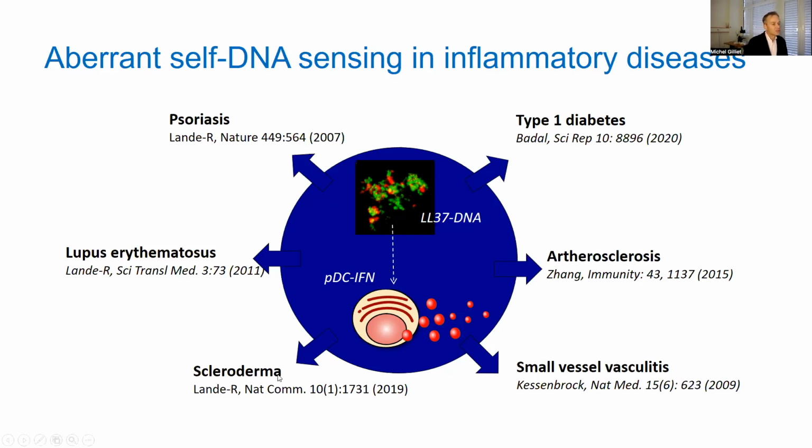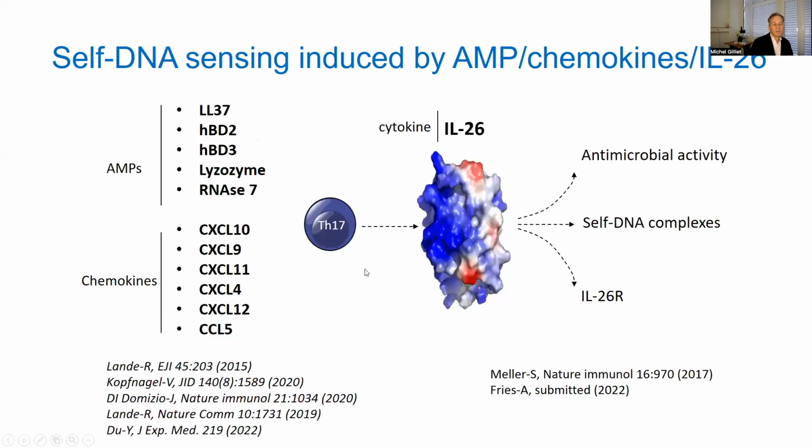Roberto has shown also scleroderma may be driven by this pathway, and several groups, I'm just mentioning one of the references, but there are several, and this is well established, have shown that this pathway also drives type 1 diabetes and also atherosclerosis and small vessel vasculitis. So it is really a pathway which plays a key role, and this aberrant self-DNA sensing plays a key role in many chronic inflammatory diseases.